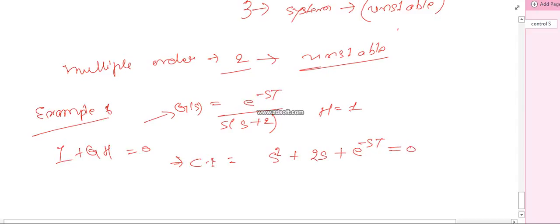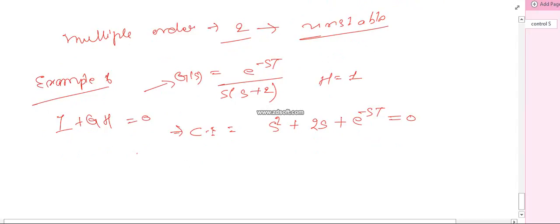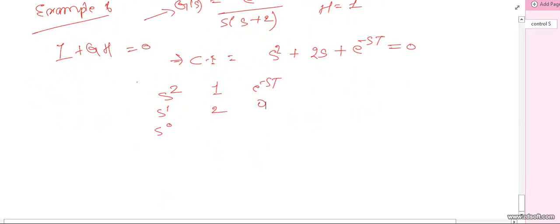So from the Routh tabulation, this is s square, s1, s0. This is 1, e to the power minus sT, this is 2, and this is 0. And solving, you get, now this, what to do about this?